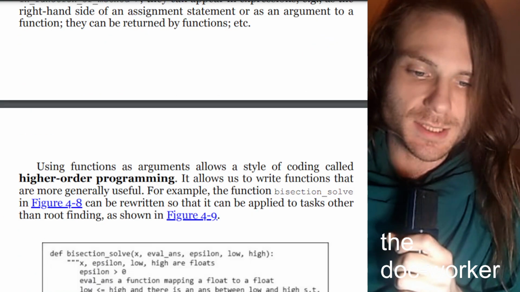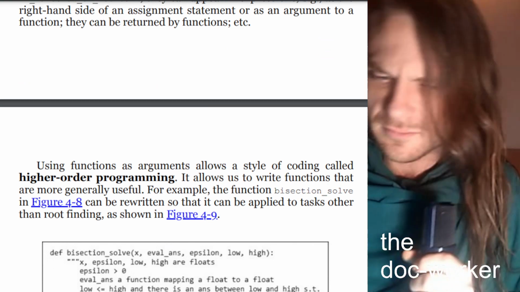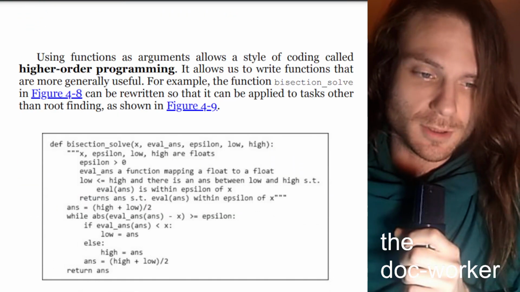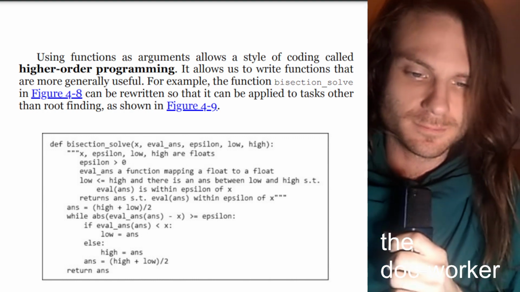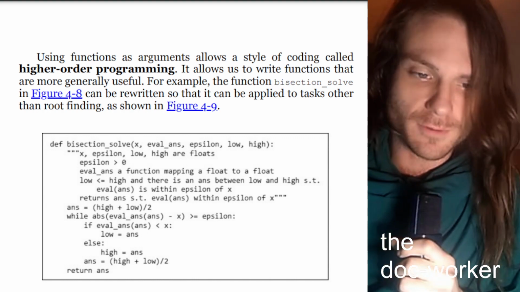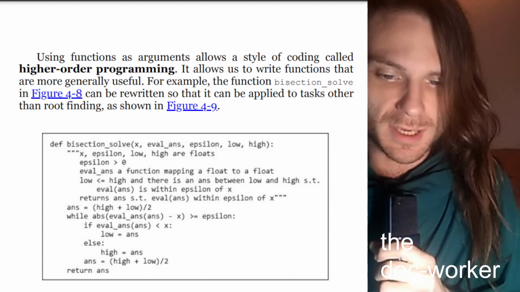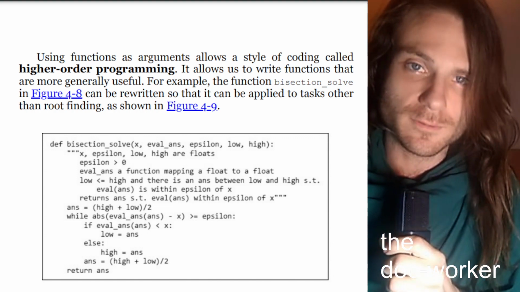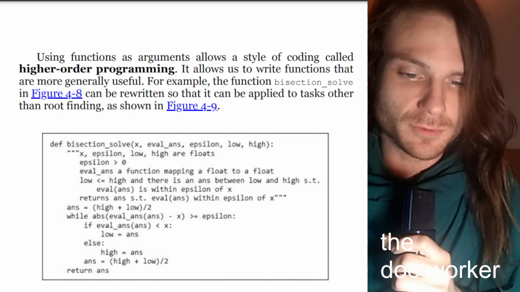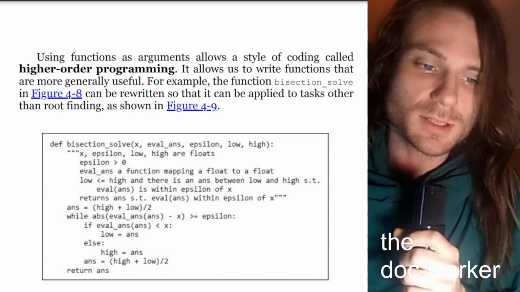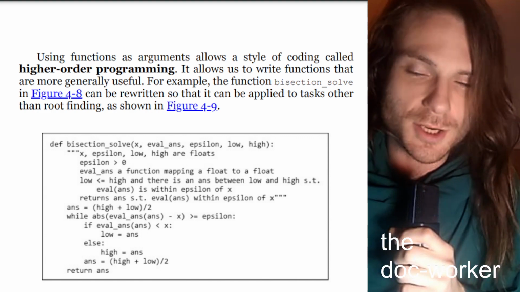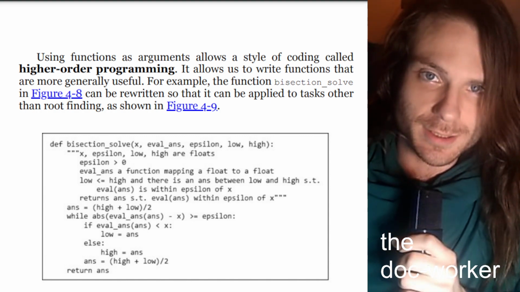Using functions as arguments allows a style of coding called higher-order programming. It allows us to write functions that are more generally useful. For example, the function BisectionSolve in Figure 4-8 can be rewritten so that it can be applied to tasks other than root finding, as shown in Figure 4-9.